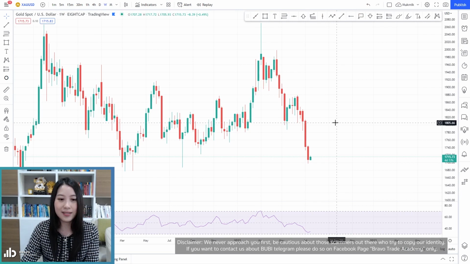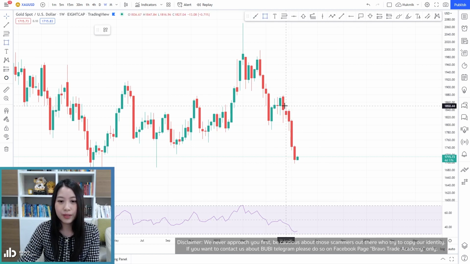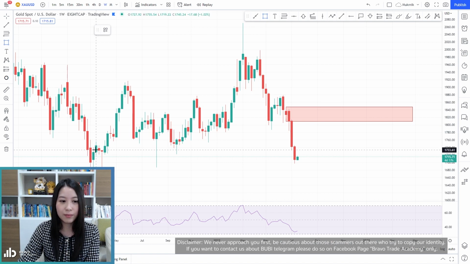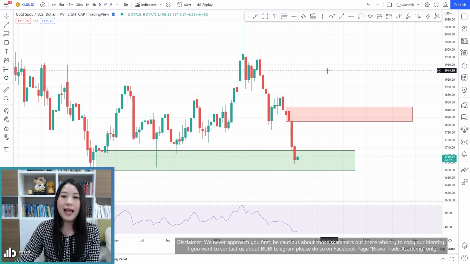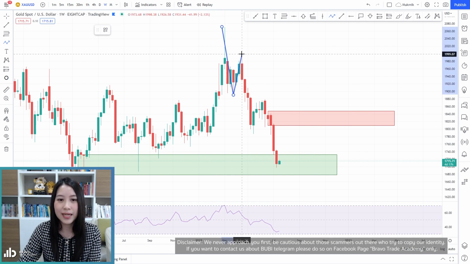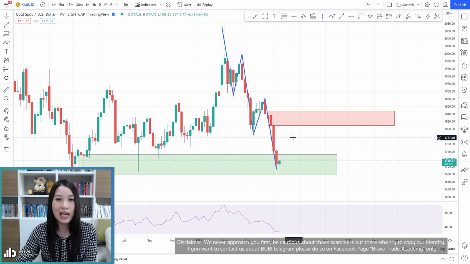Alright, so this is Monday and we do need to go to the weekly time frame. This is the weekly time frame, and what we've got here is a beautiful supply zone and also a demand zone around here, and the trend is still a downtrend, and nothing has changed much in this big time frame.